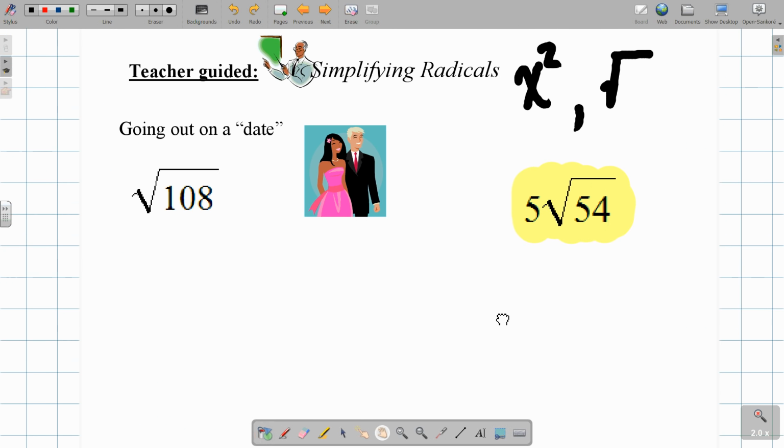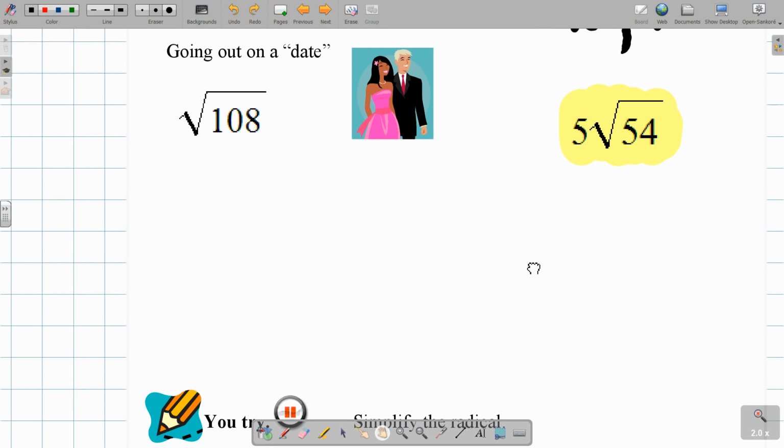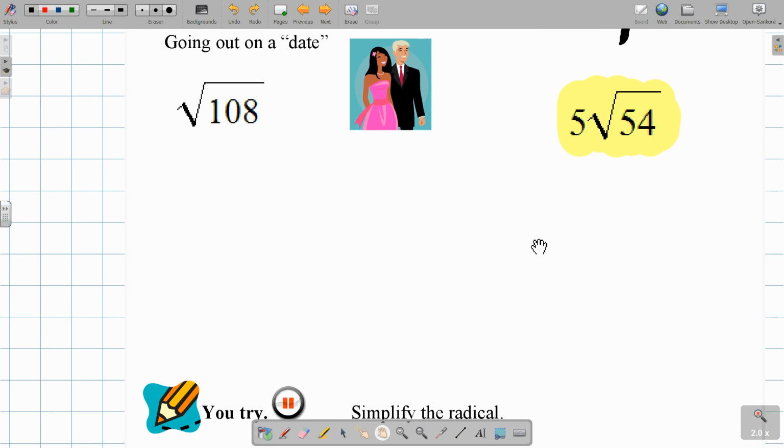First thing you need to learn how to do with radicals is simply called simplifying a radical. I use a method, again, I like hokey storylines, so I'm going to call it going out on a date. You start by factoring. So 108, I'm going to choose a number that I can factor.